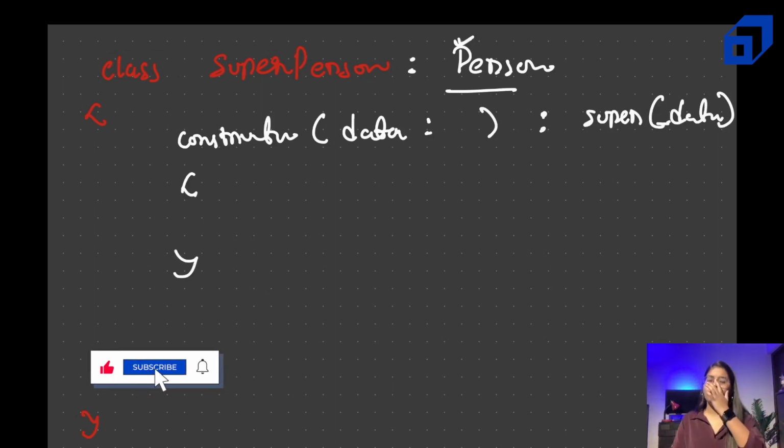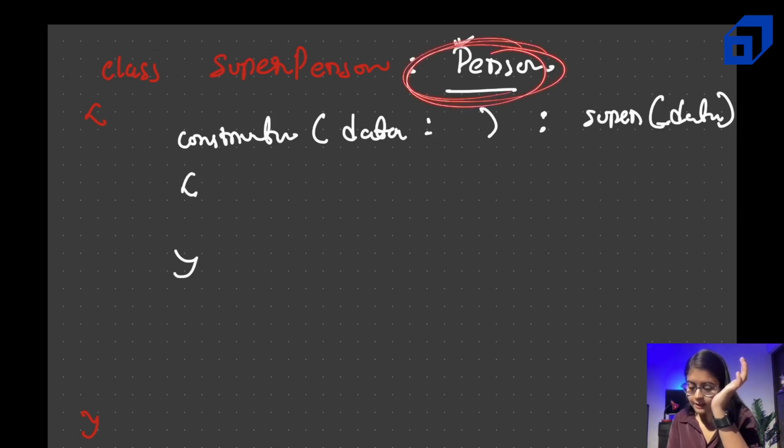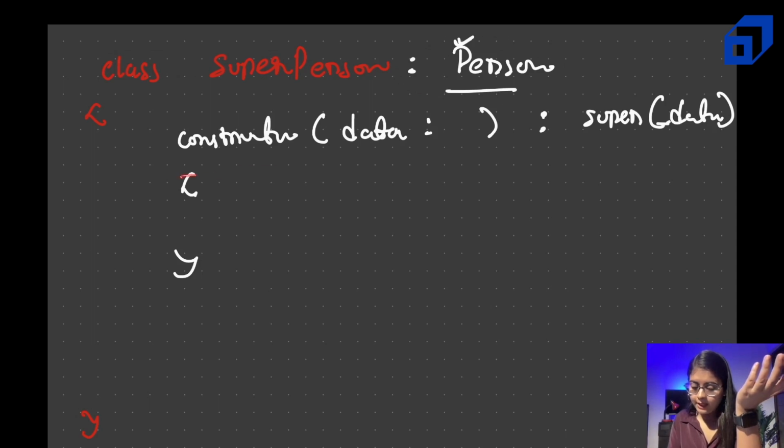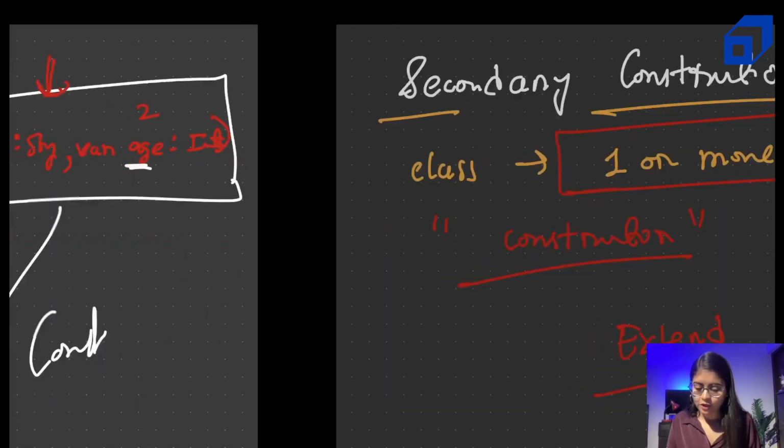If you have a class which extends a class, and this class has multiple secondary constructors, and you want to use the constructor of this class, then the super keyword is the go-to thing for you. I hope it's pretty much clear.